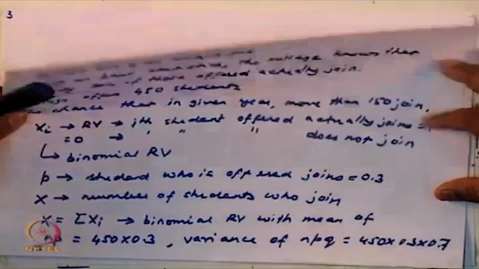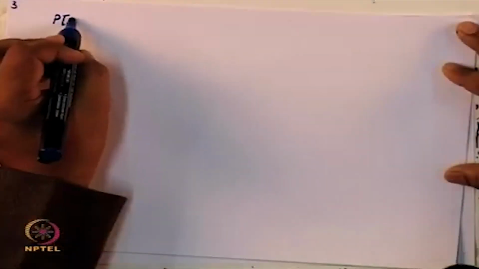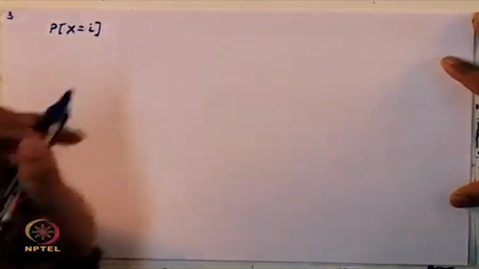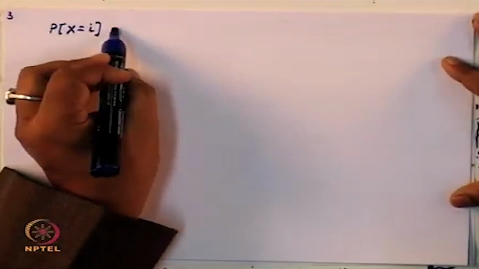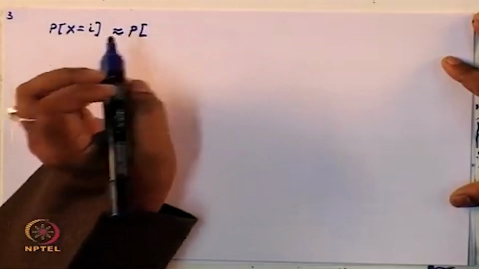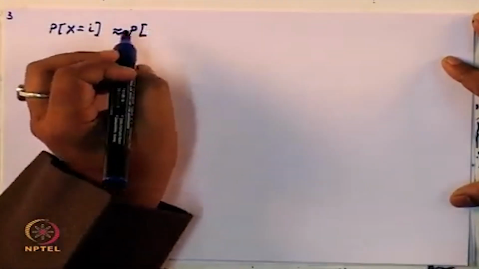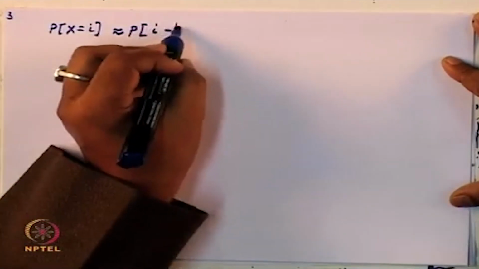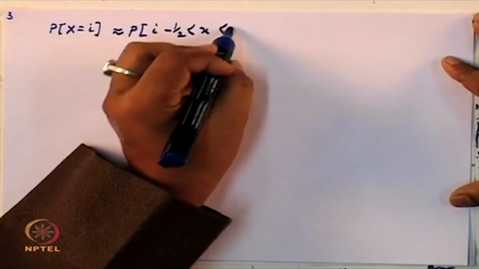So, if we are asked the question, what do we want to know? For a binomial random variable, P of x equal to i, because it is a discrete random variable, you can approximate this as the probability of i minus half less than x less than i plus half.